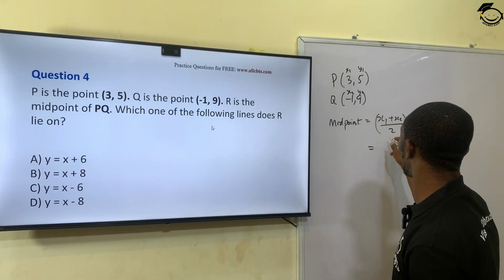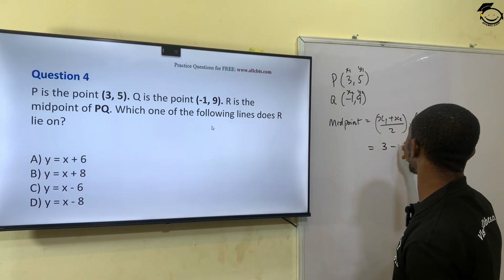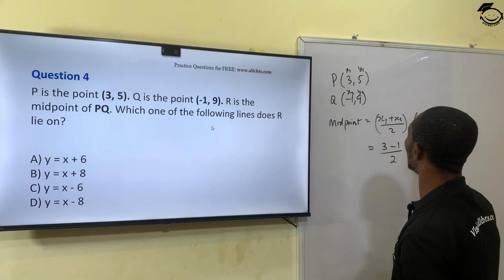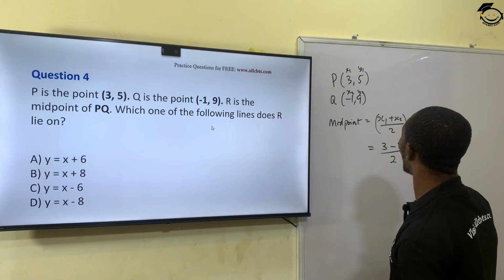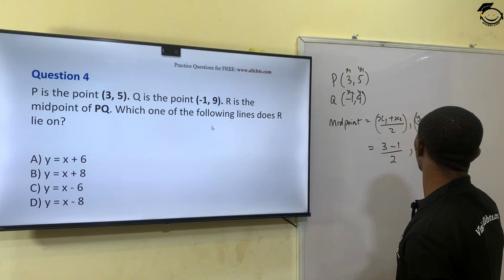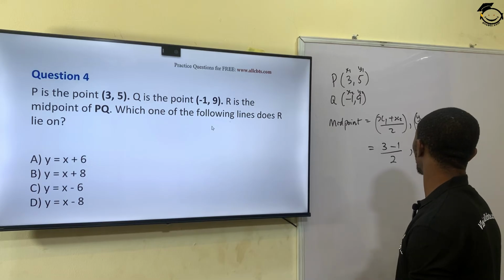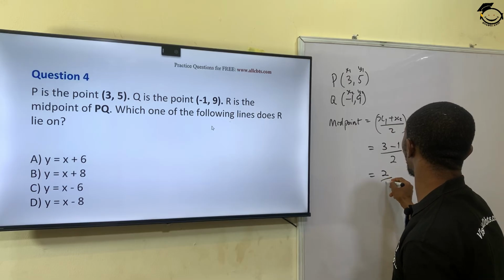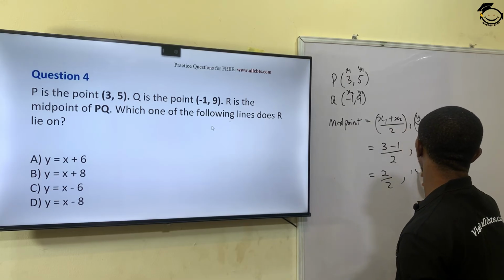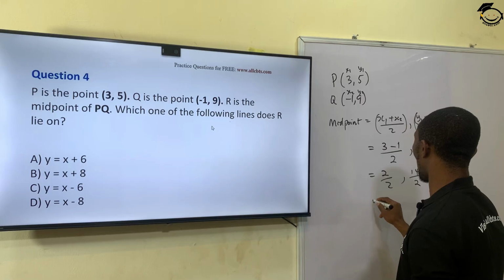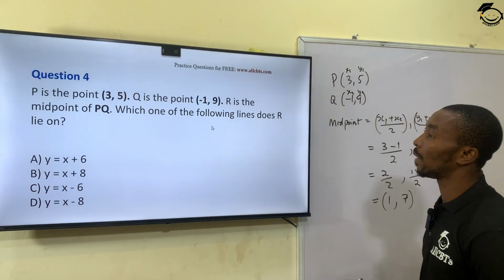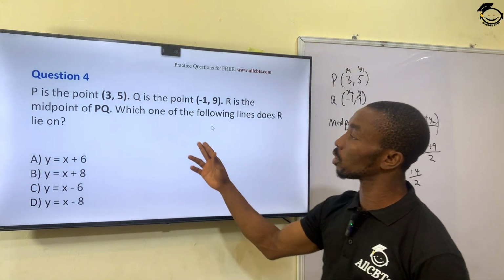So this will be 3 minus 1 all over 2, and 5 plus 9 all over 2. So we have 2 over 2 and 14 over 2. So our midpoint values will become 1 and 7. Now, it says which of these lines does R lie on?